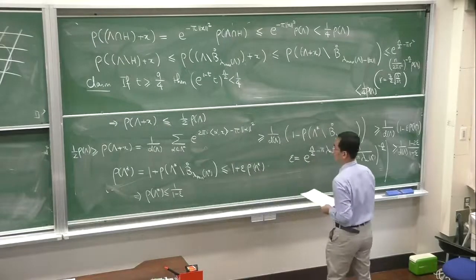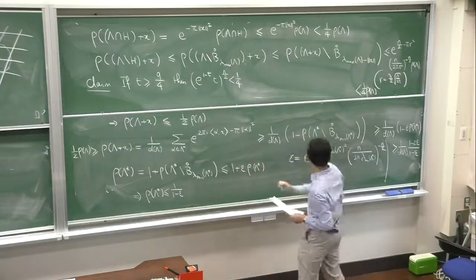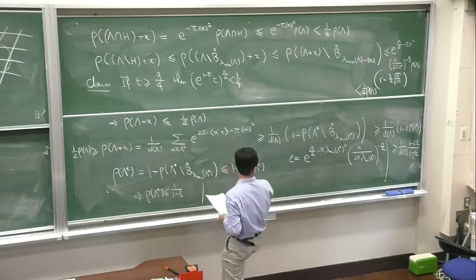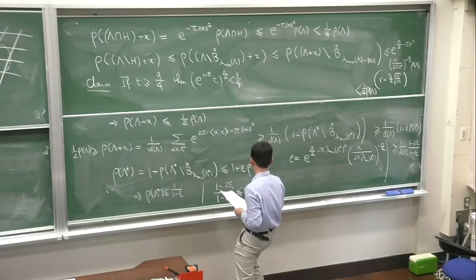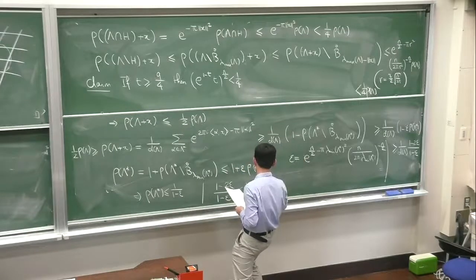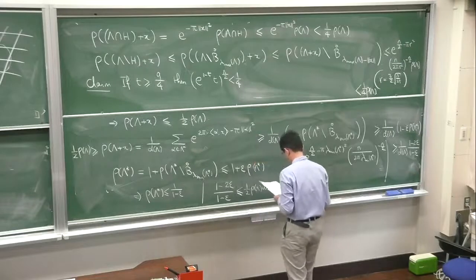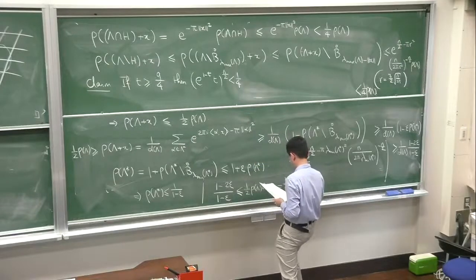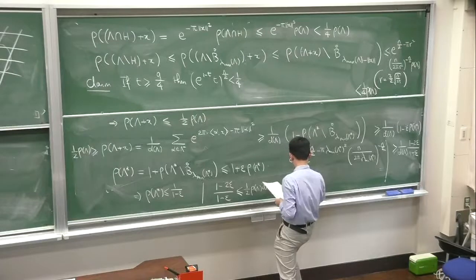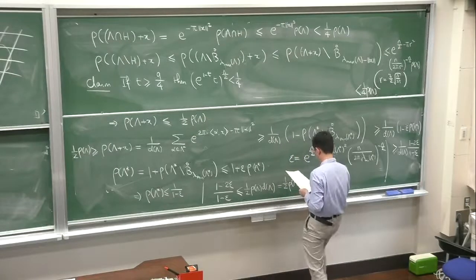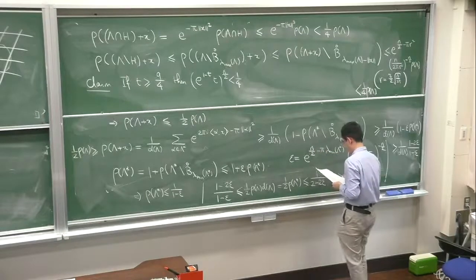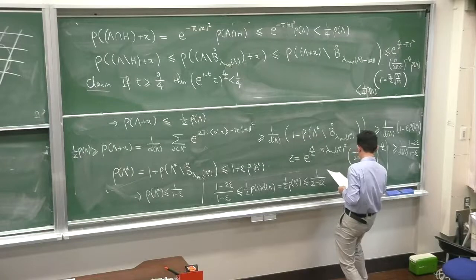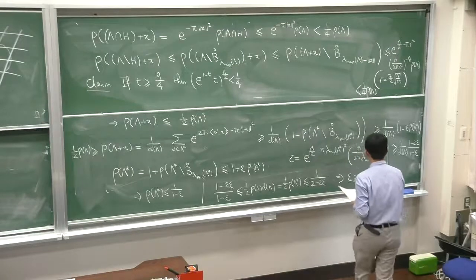Yeah, so this is bounded from above by rho of lambda. So then if you put all this together, finally what you will get is that (1 minus 2 epsilon) over (1 minus epsilon) is bounded from above by d of lambda, 1/2 rho of lambda d of lambda. And rho of lambda d of lambda is just rho of lambda star, which is just bounded from above by 1/2 minus 2 epsilon, which gives you epsilon greater than 1/4.